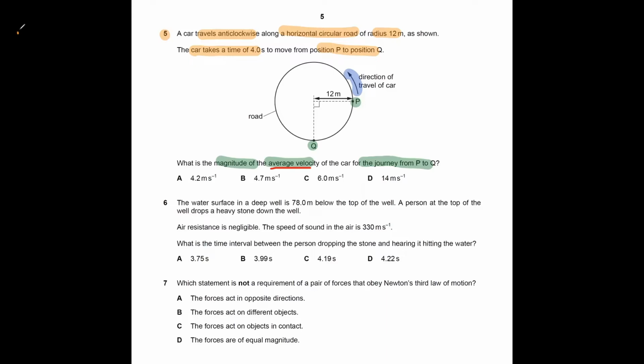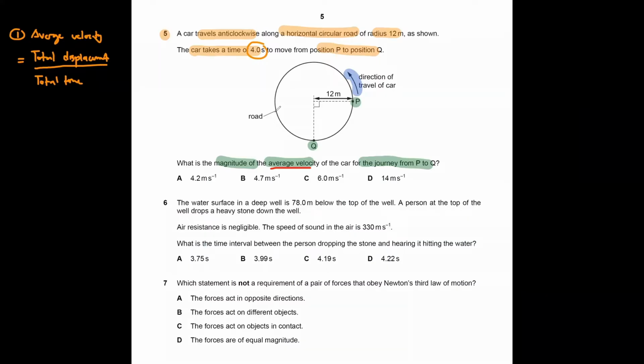So if we are talking about, say, average velocity, it is defined as total displacement divided by total time. Now we know the total time as 4 seconds, but we need to find out what is our total displacement.